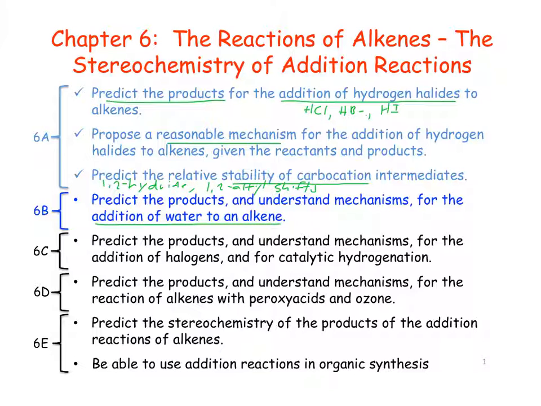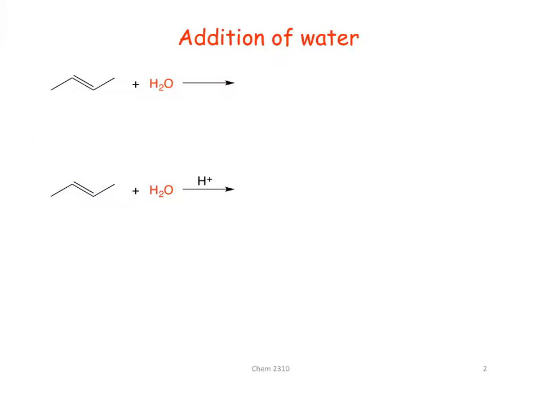So we're adding water, just like when we add water to our bodies. We call this a hydration. In the hydration reaction, if we just mix water with an alkene, what happens? Nothing. No reaction.